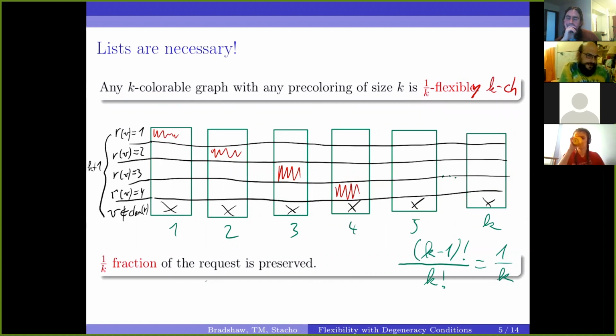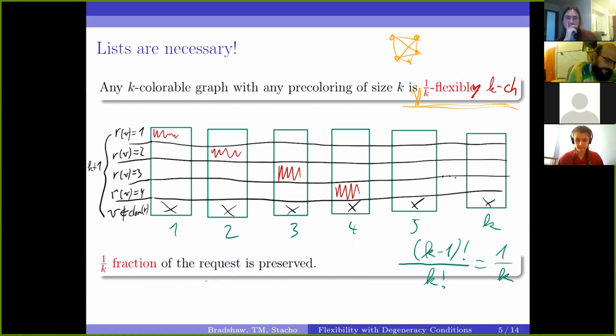And that's best possible if you think about a complete graph and imagine this situation where all the requests are the same, then we can satisfy only one of them. So fraction 1 over k is best possible, and we can achieve it by the following construction. Let me show you the construction now.